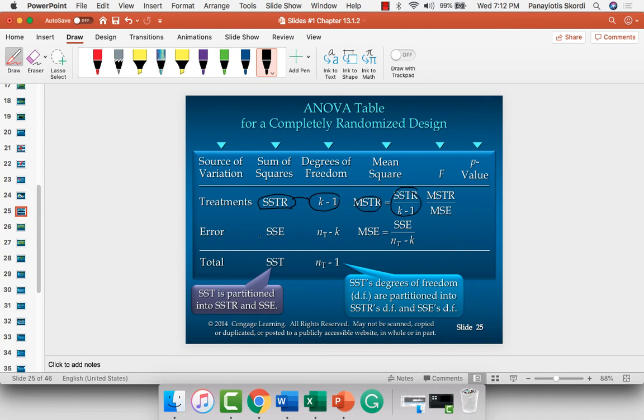And likewise, for the error term, you work out the sum of the squares, you work out the degrees of freedom, which are going to be the total number of observations minus your number of treatments. And then you're going to divide these two out, and they do that here, and that gives you the mean square of error. And to get the test statistic, you just divide these two out, and that's what they do here.